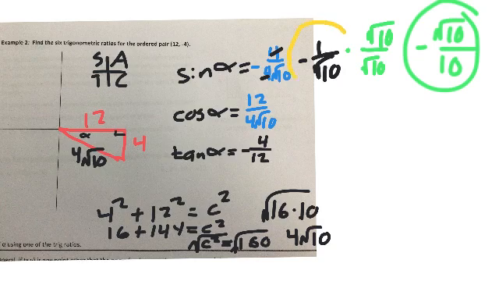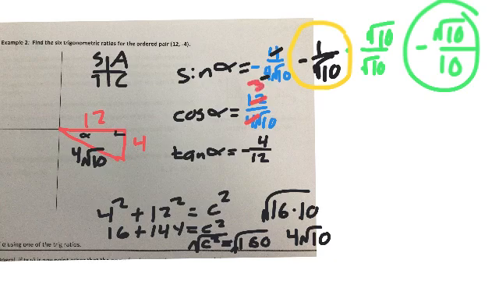So sine of alpha would be negative radical 10 over 10. But now when I flip it here in a second, this one's going to be important to me. Okay, so those are equivalent numbers, but I had to rationalize the denominator to get it in the correct form for what they were asking for. Right here I've got 12 over 4 radical 10. So similarly, 12 and 4 will reduce. This will become a 1, this will become a 3.